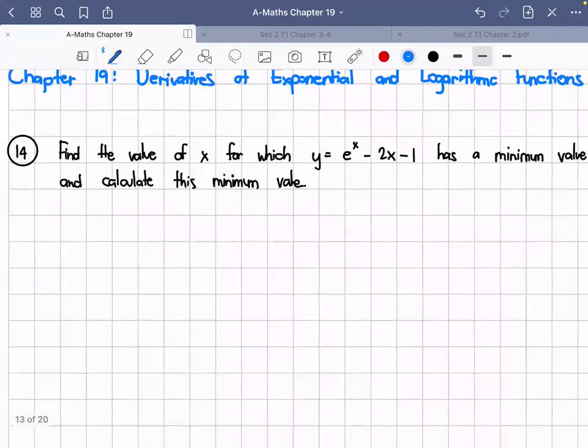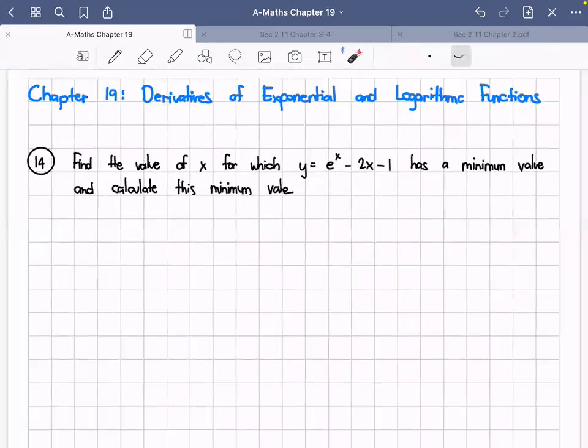Okay, so again, if you're given this kind of question, so you're given this function, and if we say minimum value, it has something to do with the gradient, right? So the gradient of the curve. So what do we need to do here? Of course, we need to get the first derivative, right? So how do we do that?